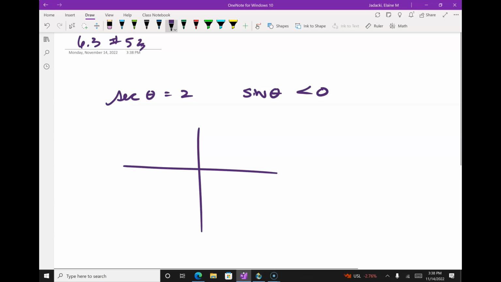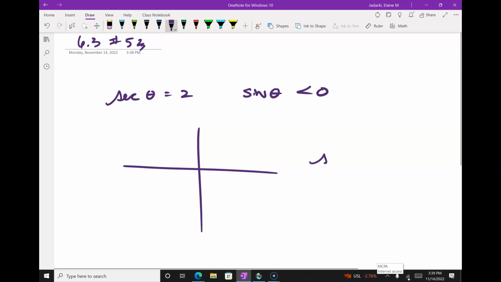Well, if sine of theta is negative, it has to be which 2 quadrants? Sine is a y value, right? So it's got to be 3 or 4.